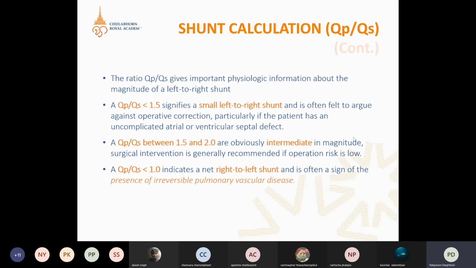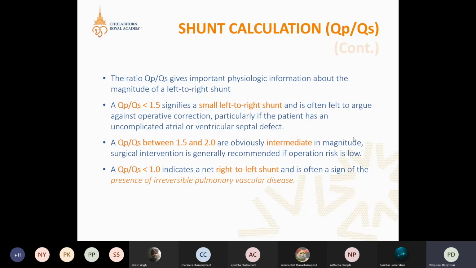After calculating the shunt, if the ratio of QP to QS is less than 1.5, we can consider that the patient has a small left to right shunt. If the QP to QS is between 1.5 and 2.0, that is obviously intermediate in magnitude, so surgical intervention is generally recommended if the operation risk is low.